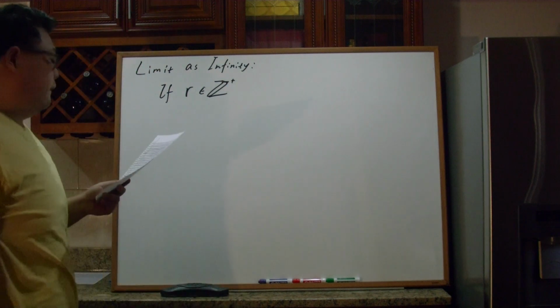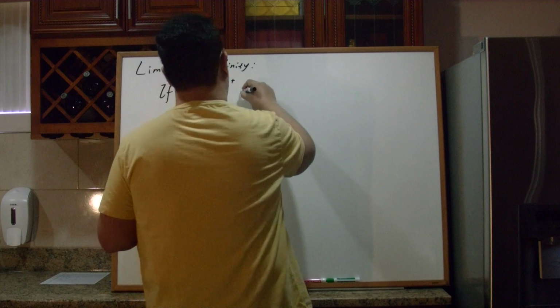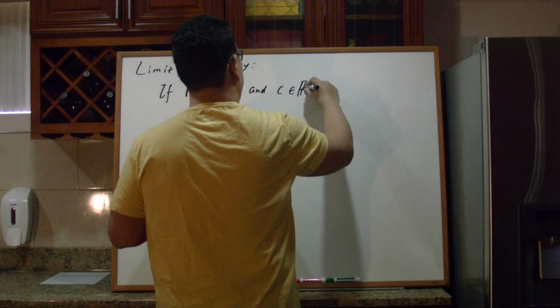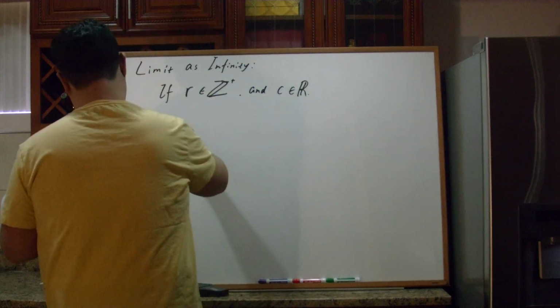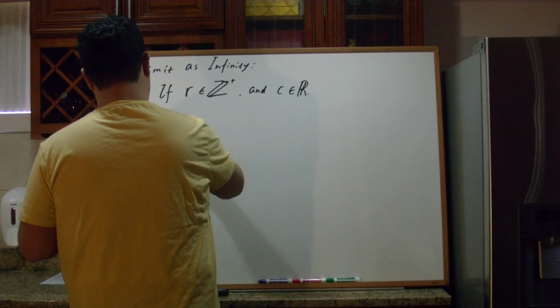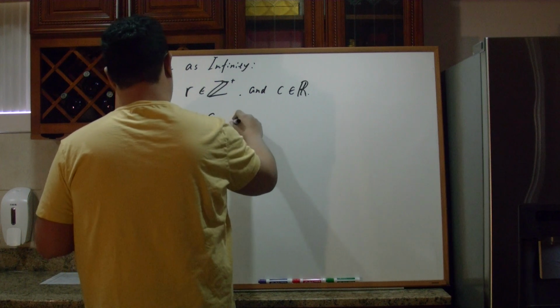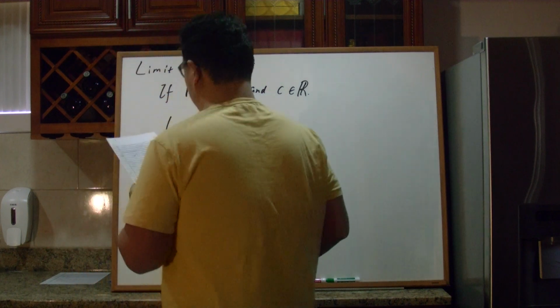If r is a positive integer and c is a real number, then the limit as x approaches infinity of c over x to the r is 0.